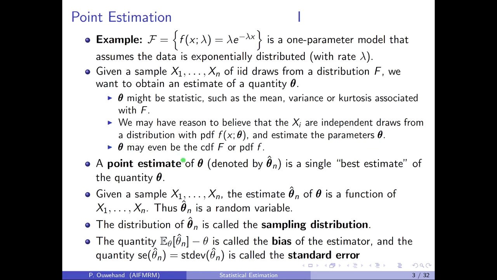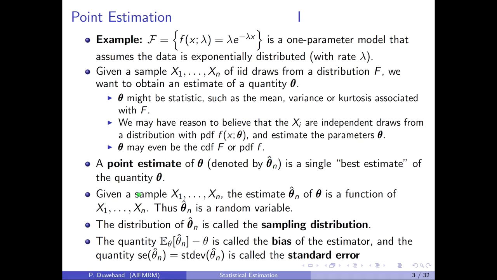Or theta may even be the CDF or PDF. Now a point estimate of theta, denoted by theta hat n, where the hat indicates that it's an estimate and the n indicates the sample size, is a single best estimate of the quantity theta.